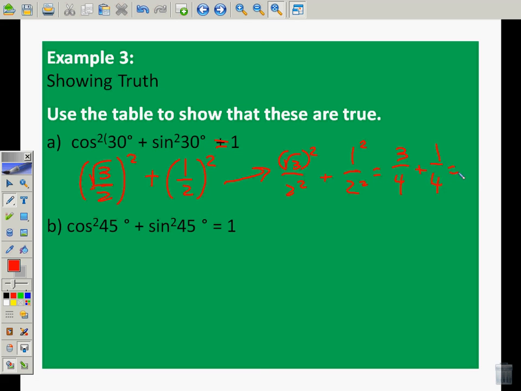See if you can do it yourself if you'd like. Okay? I've got cosine of 45, which is 1 over square root 2 squared plus 1 over square root 2 squared. Well, look what I've got. 1/2 plus 1/2 is equal to 1. I want it to be equal to 1. Okay? So we're making these things easy for ourselves by substitution.